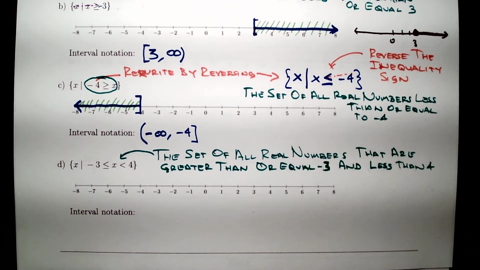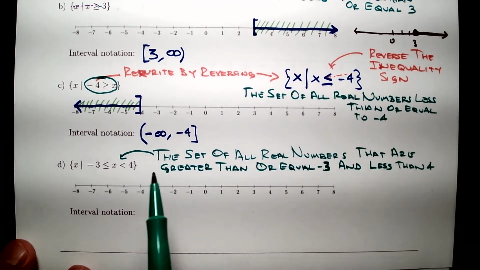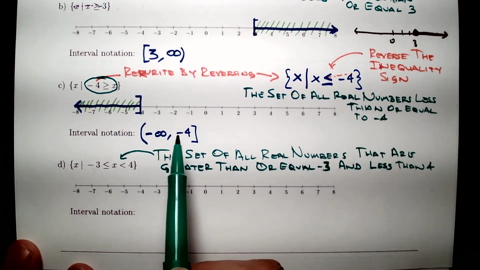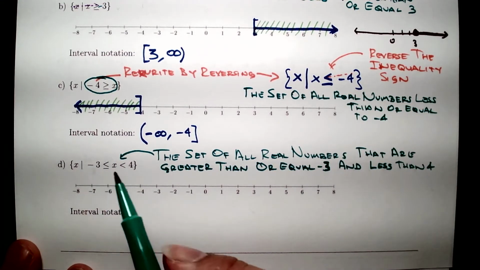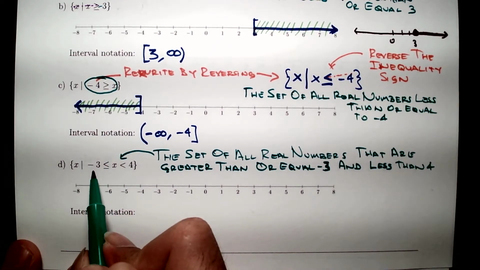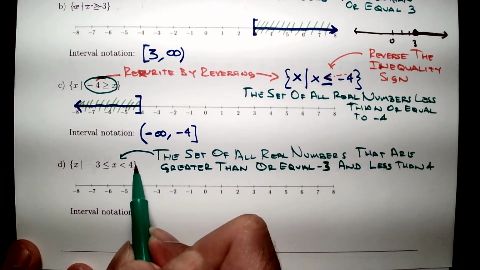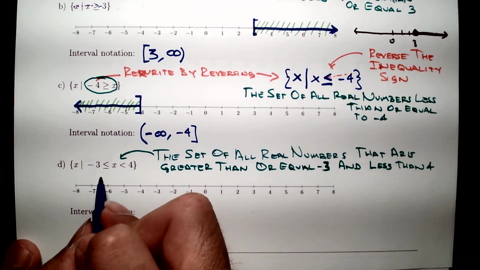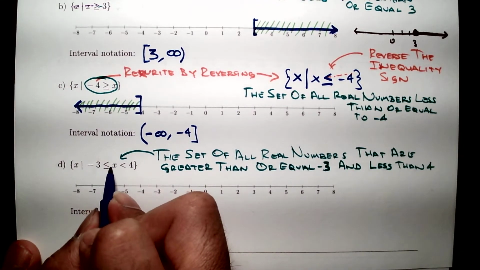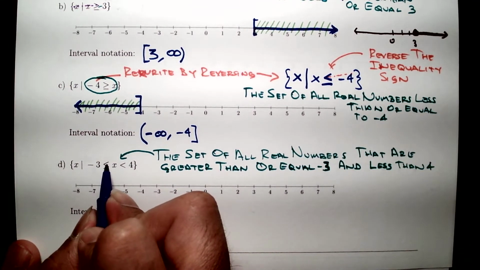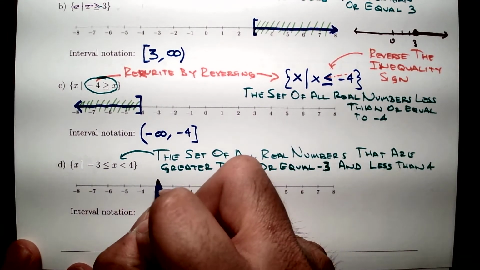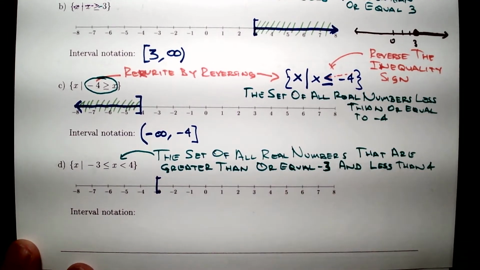Now let's locate those two numbers. In this case, this set of numbers does not involve infinities at all. So this is the lower, -3, and this is the upper, the number 4. Because for the lower endpoint, -3, the inequality has the less than or equal, we are going to have a bracket.